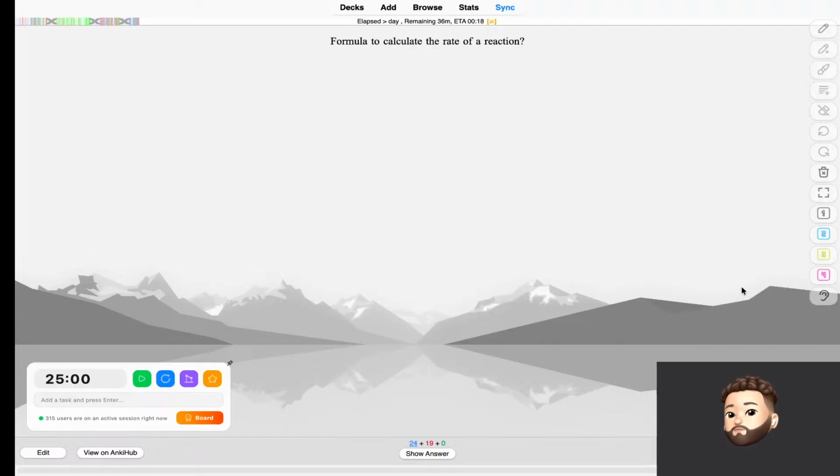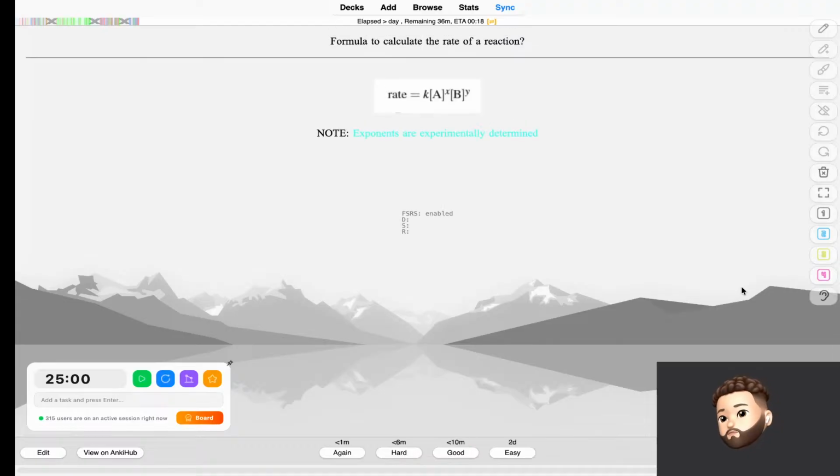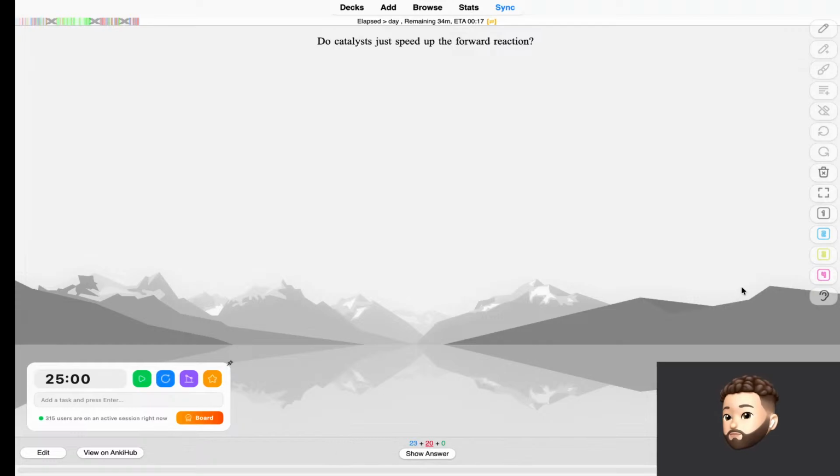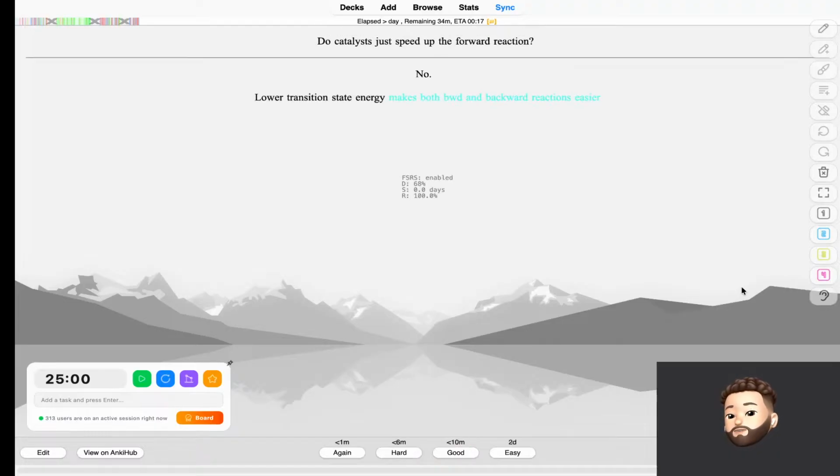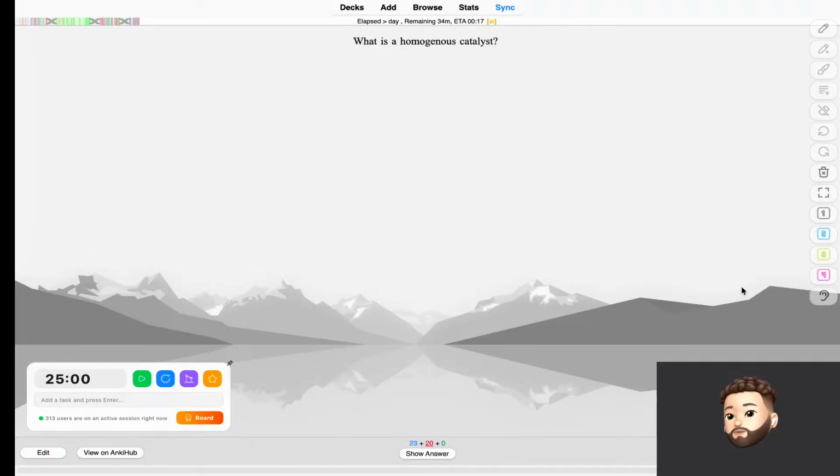Formula to calculate the rate of a reaction. Do catalysts just speed up the forward reaction? No, it makes it easier in both directions. It is a catalyst that's the same phase as the reactants.